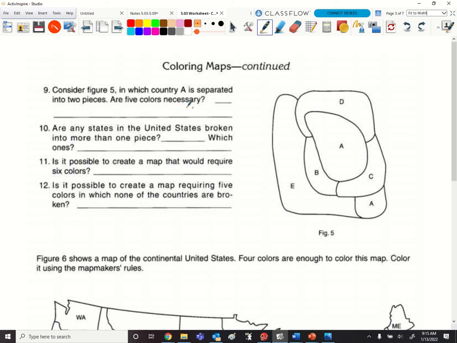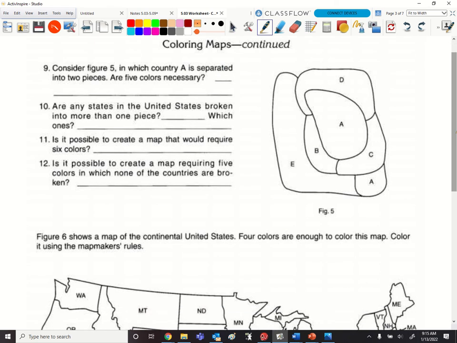Consider figure 5 right here, in which country A is separated in 2 pieces, right here and here. So, if we look right here, if I was to do the coloring on this, I would start with A, because if you notice, A is touching D, C, and B, right?